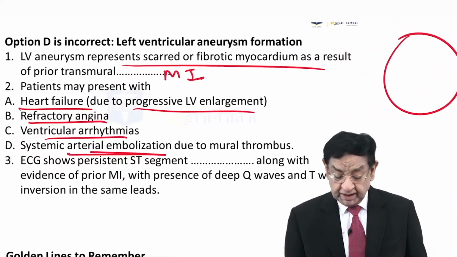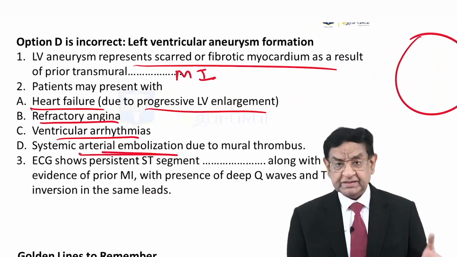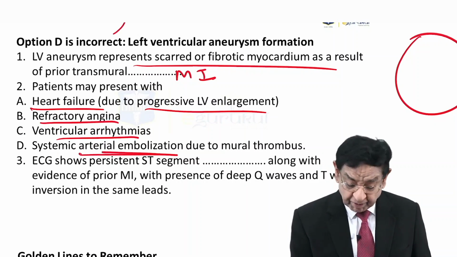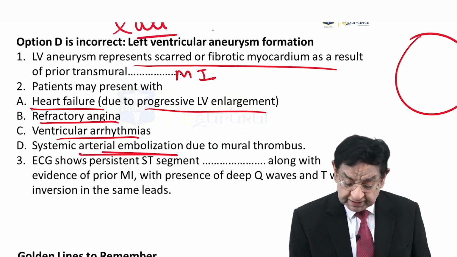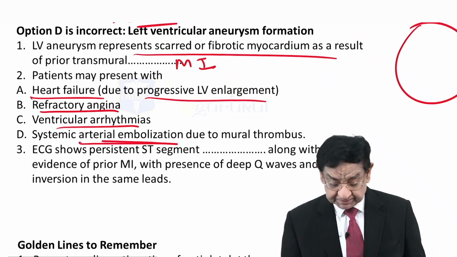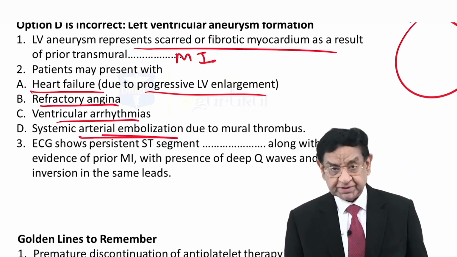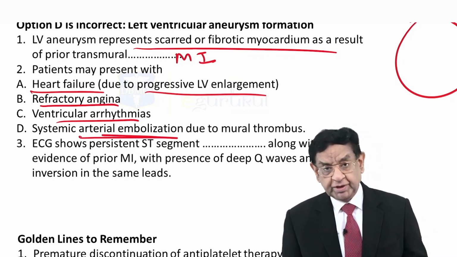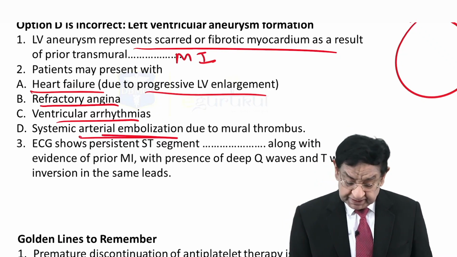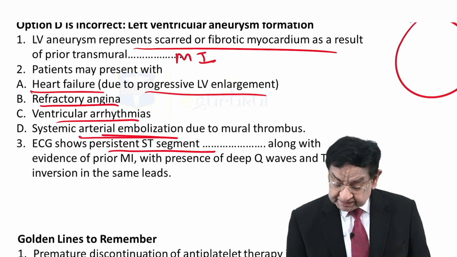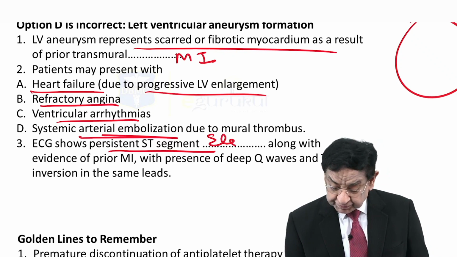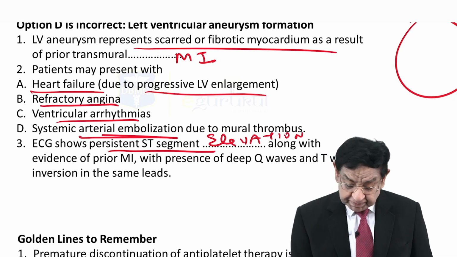Well, how do you suspect it? First of all, it's not an immediate problem. It's a little late problem. Usually it doesn't happen within the first 10 days. It is a late complication. The ECG also shows persistent ST segment elevation, just like acute MI, but it is persistent.